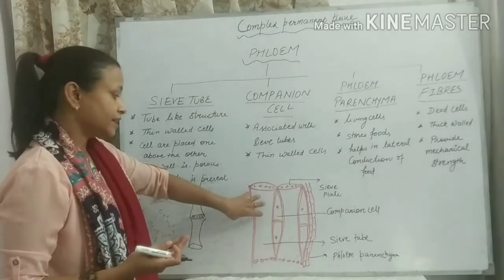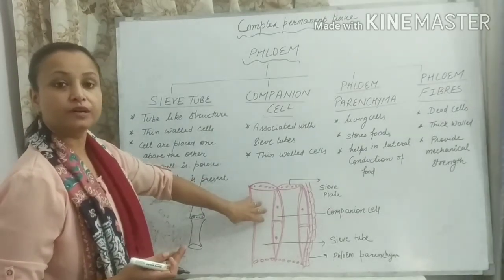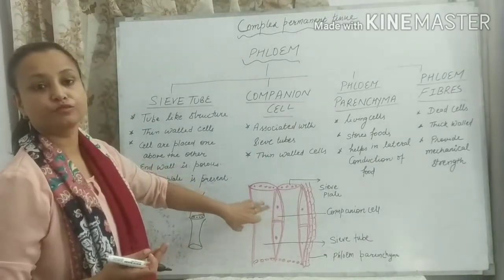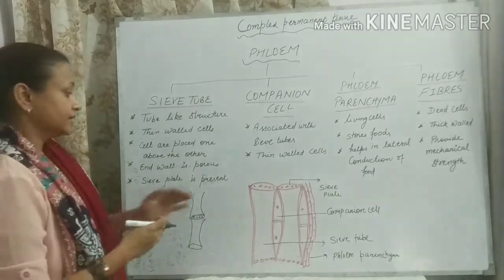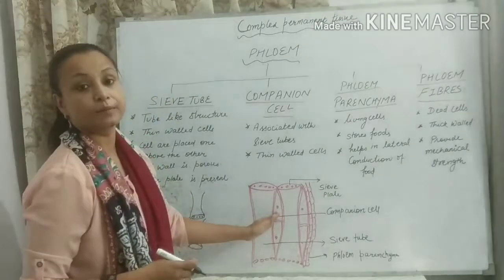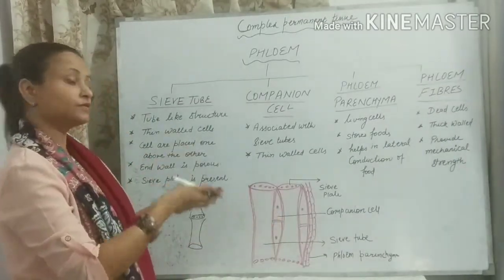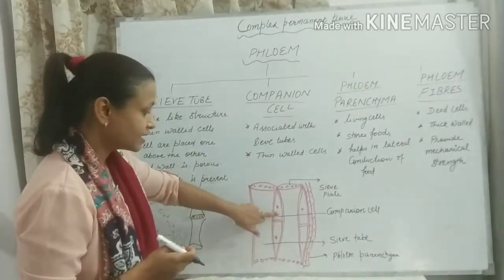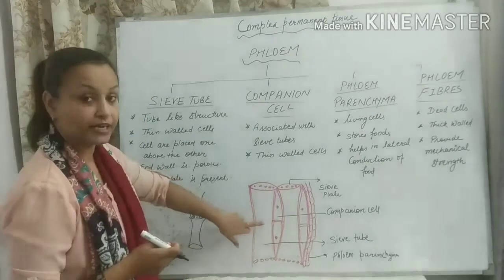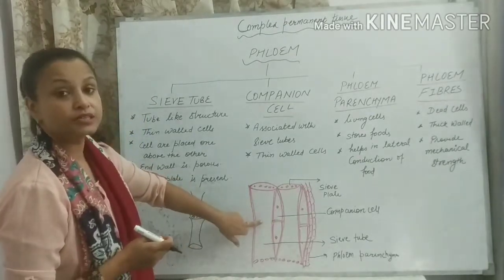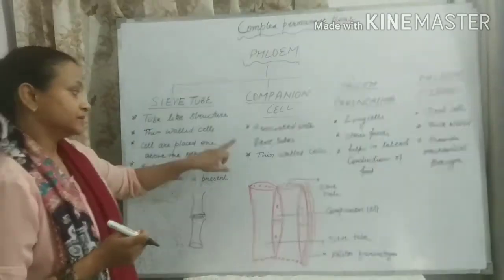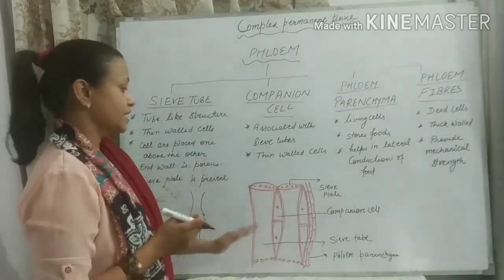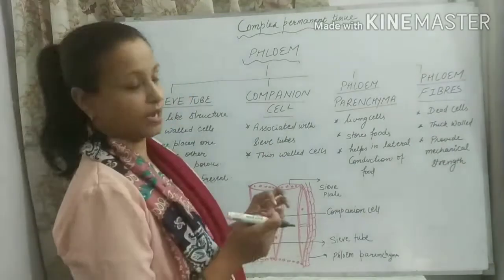That's why these cells are known as companion cells, because they help sieve tubes to perform their function. These companion cells are generally attached to the sieve tubes. They also have thin walls. They are also living cells.